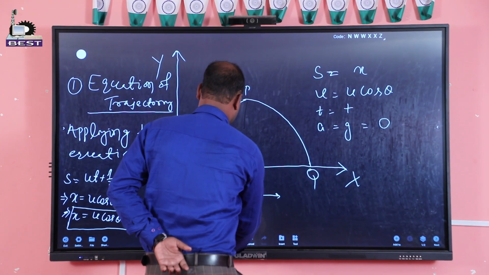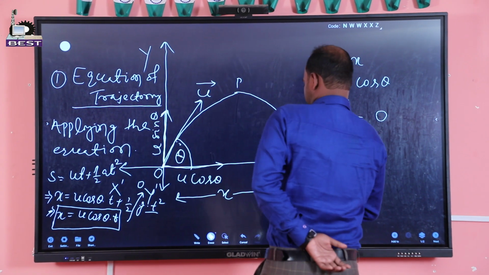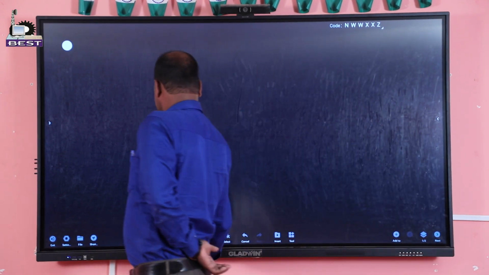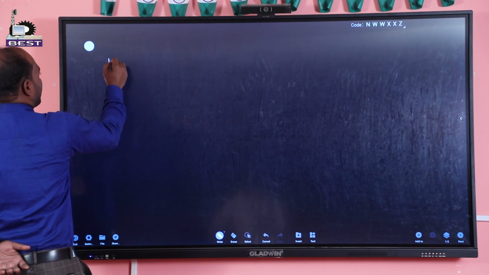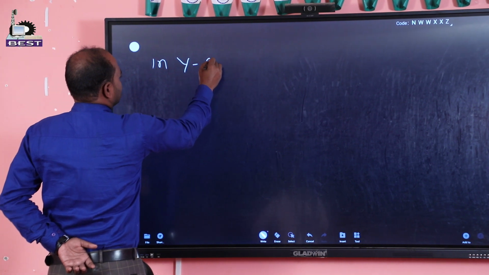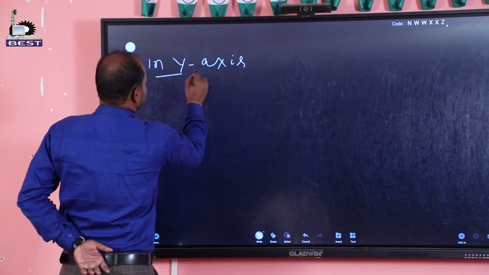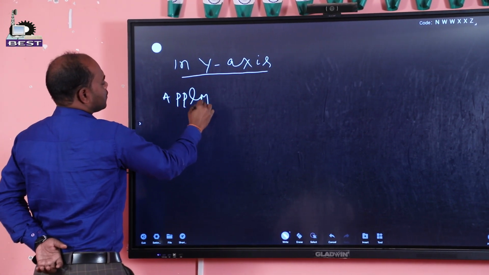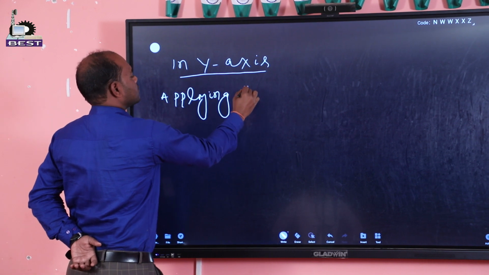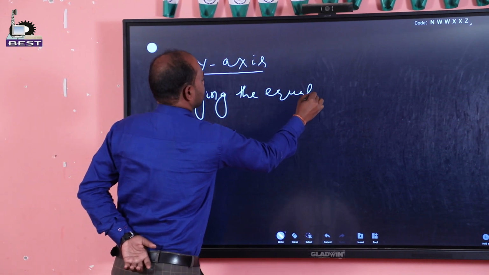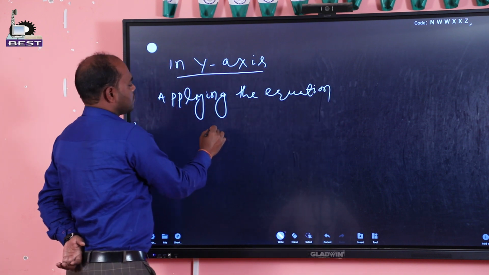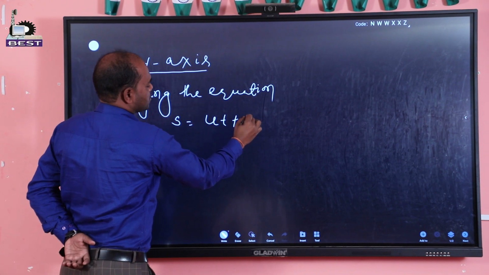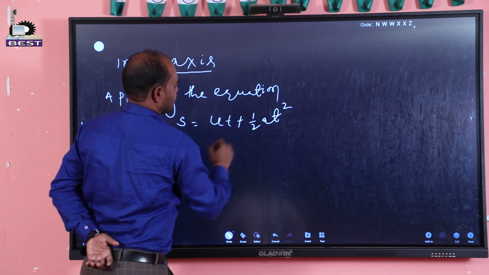Now in the y-axis, applying the equation s equal to ut plus half at square.